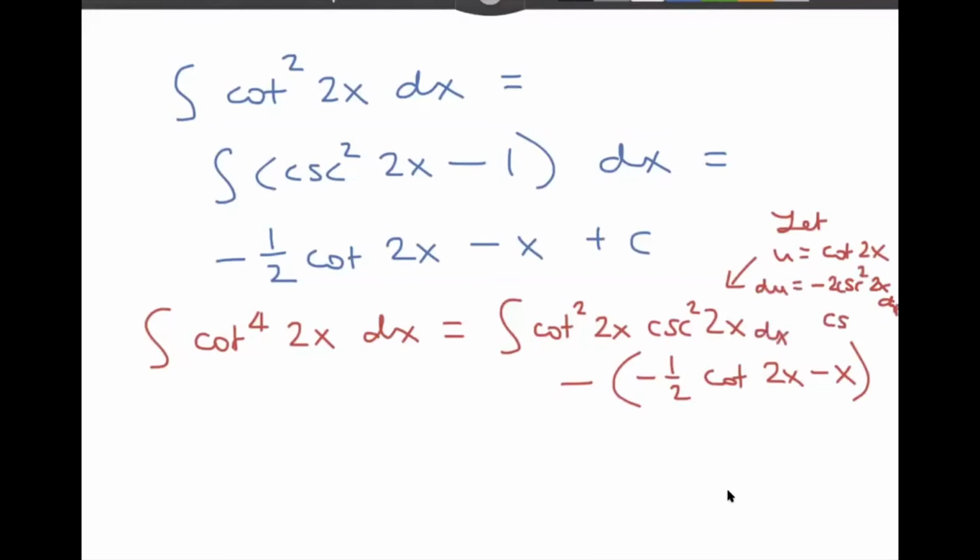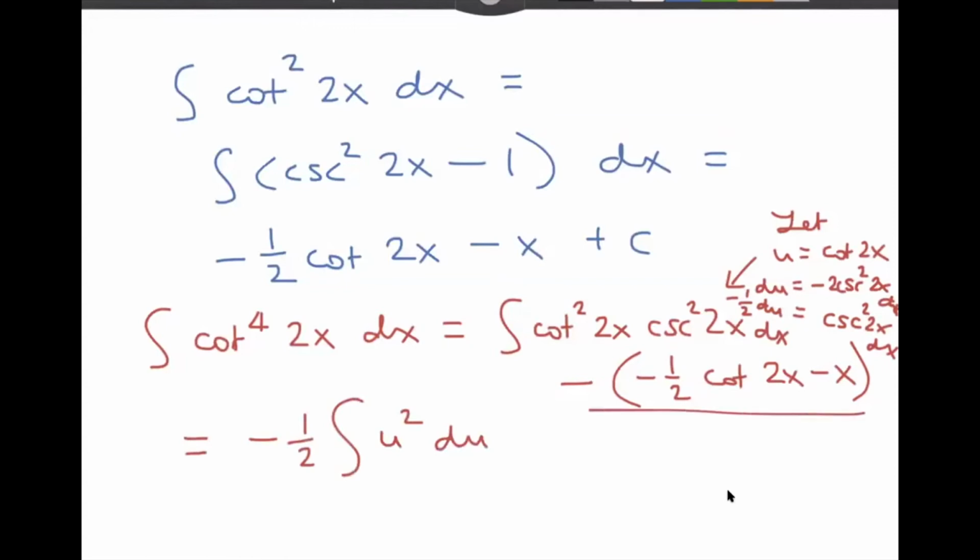We're going to replace that cosecant squared 2x dx with negative 1/2 du. So this becomes negative 1/2 the integral of u squared du. And we can't forget about this part here. So let's pretty that up now. That's going to be plus 1/2 cotangent 2x plus x.